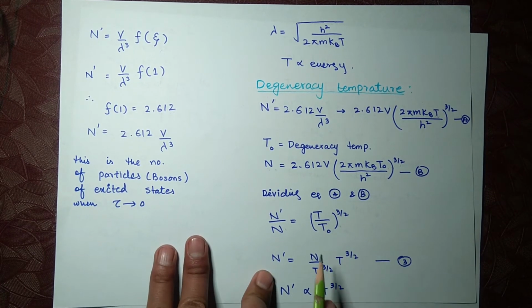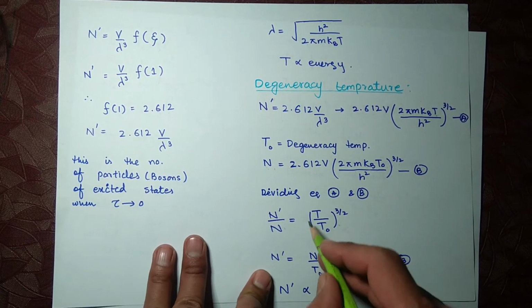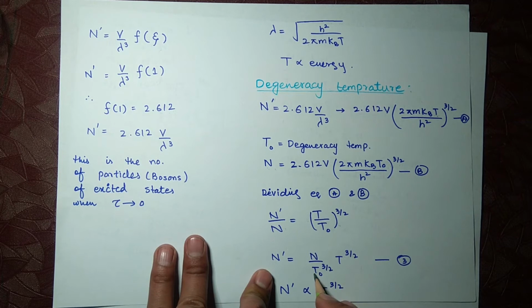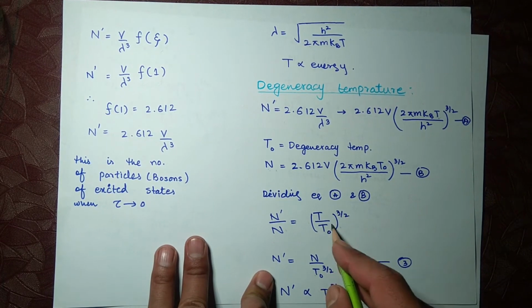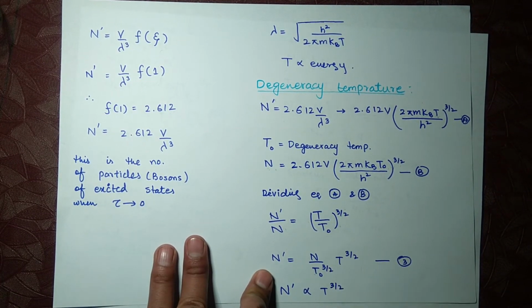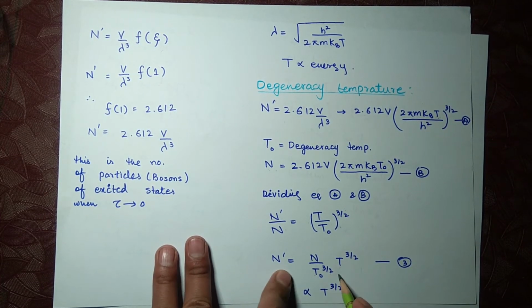So now you can see that n prime is equal to n times T over T naught, with power 3 by 2, and this is the equation.